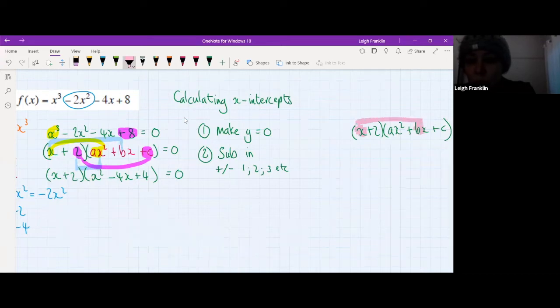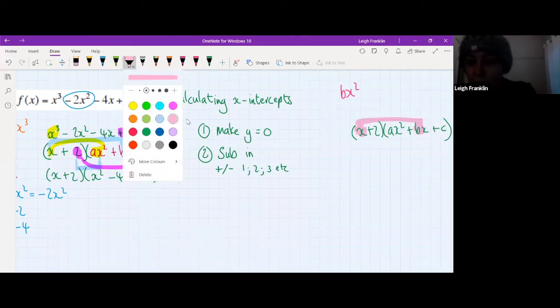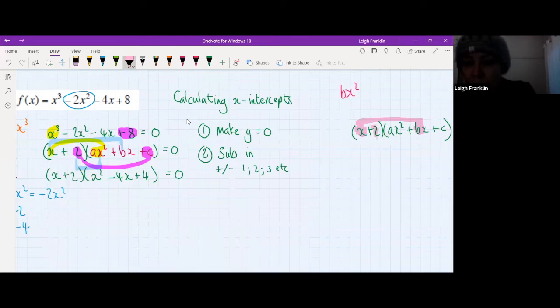That's where the bx squared comes from. So x times bx is bx squared. And then the other one that we have to multiply together is this 2 over here with the ax squared. So it's the first term in the first bracket with the second term in the second bracket, and the second term in the first bracket with the first term in the second bracket. We need to know what the value of a is before we can work out the value of b. So it's this one here and that one there, and this one here and this one here. Okay, Oko?